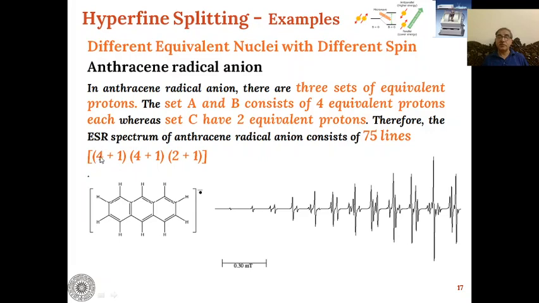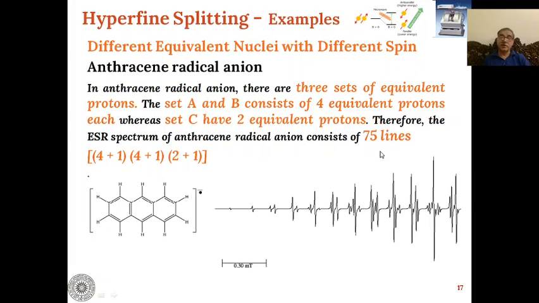Similarly, n is also 4 here, 2 into 4 into half, 4 plus 1, 5. So 5 into 5, 25. That means there will be 25 lines in the ESR spectrum of the naphthalene anion.